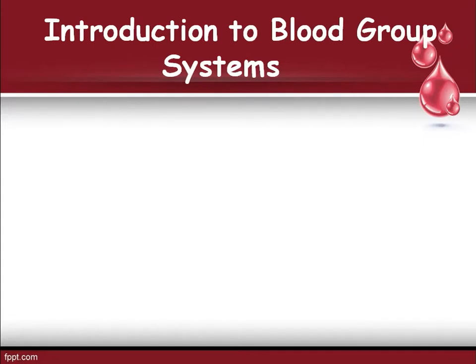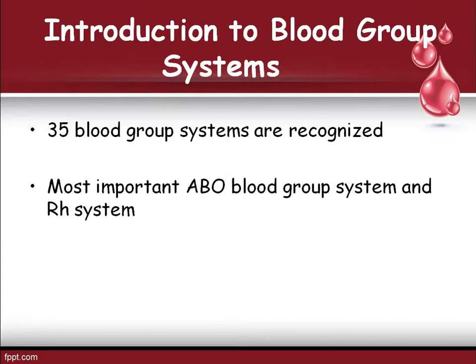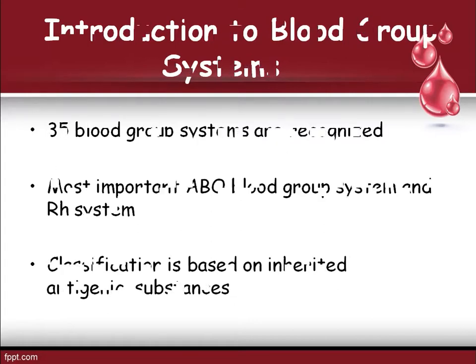Introduction to blood group system. 35 blood group systems are recognized. Most important are the ABO blood group system and the RH system. Classification is based on inherited antigenic substances.